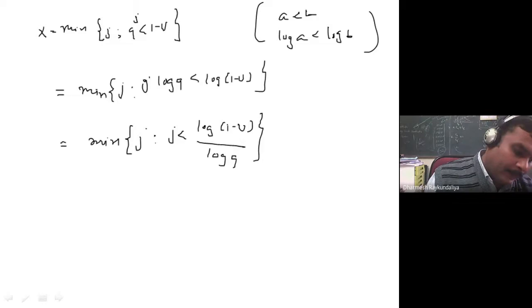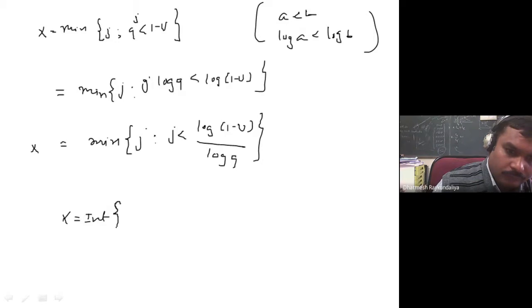Okay, and because of log 1 minus u and log q, log q can be negative. Why? Because q lies between 0 and 1, so this is negative and this is also negative, so there is no issue. So we set x as the integer part of log 1 minus u upon log q plus 1.